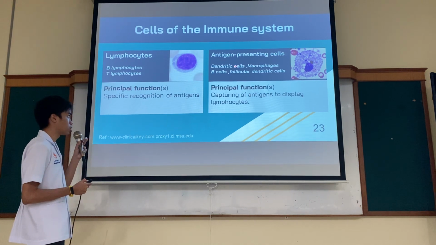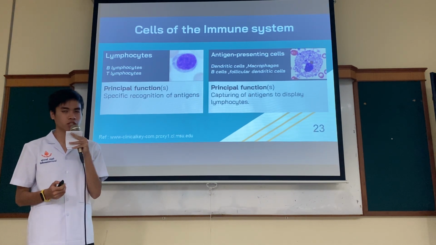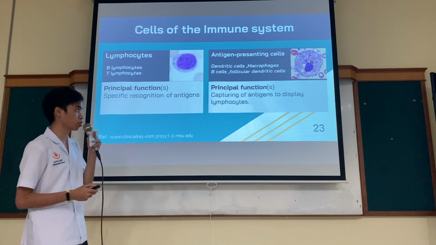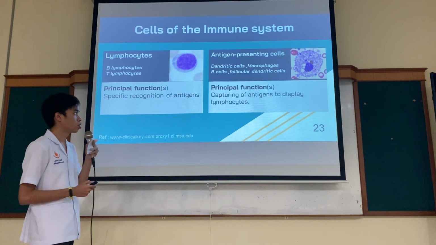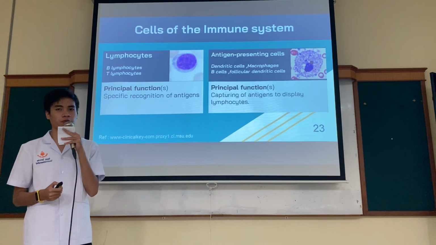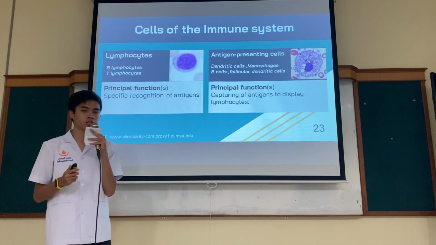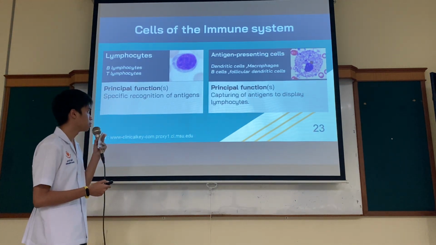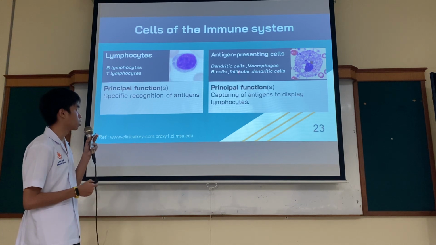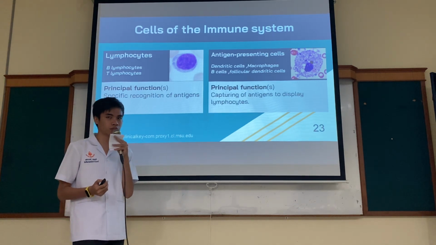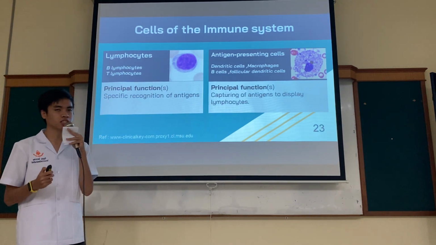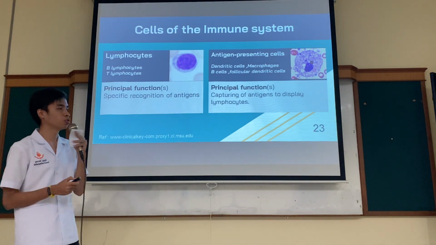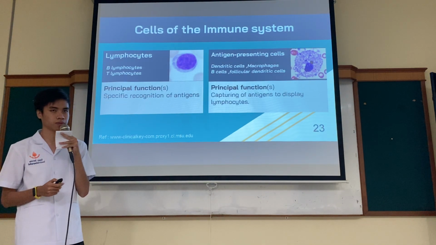First, dendritic cells are initiators of T cell response. Second, macrophages are the effective phase of cell-mediated immunity. And last one, third, follicular dendritic cells display antigens to B lymphocytes.